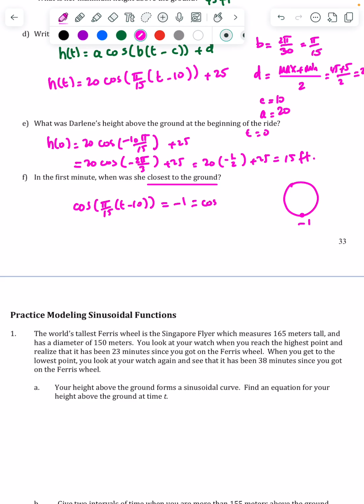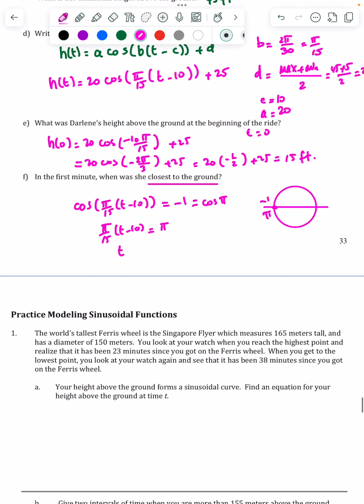Oh, sorry, I said sine, I was thinking of sine. Cosine is -1 right here. Cosine is the x value right here. So you're at pi, this is cosine of pi. So therefore, pi over 15 times t minus 10 should be equal to pi.